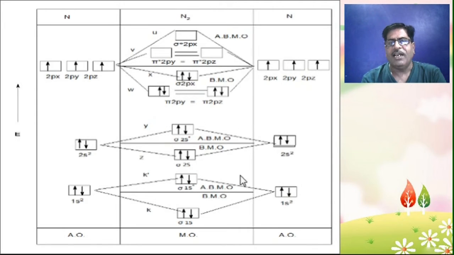And in the anti-bonding molecular orbital, ABMO, how many electrons are there? Here 2 and 2, a total of 4 electrons in ABMO and a total of 10 electrons in BMO.